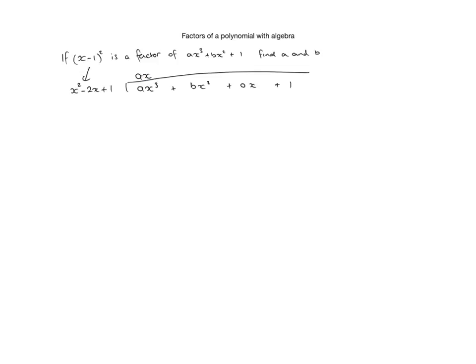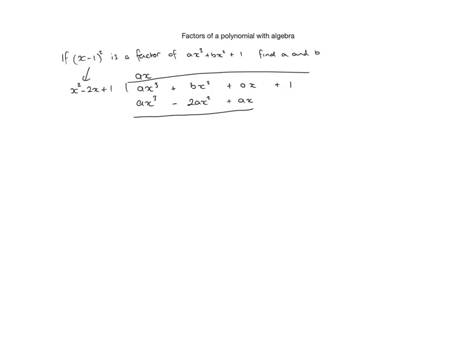So we have ax by x squared, which is ax cubed. Then minus 2x by ax, so that's minus 2ax squared. And then 1 by ax, which is just plus ax at the end here.